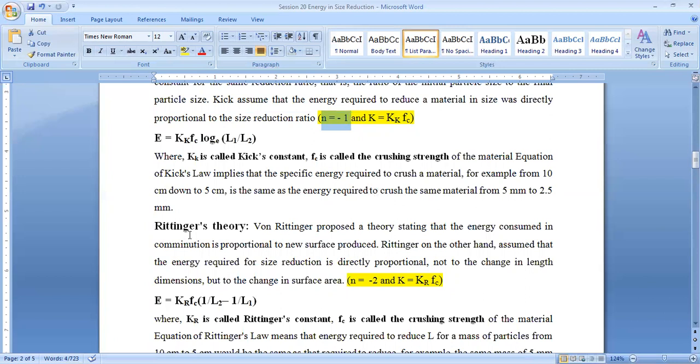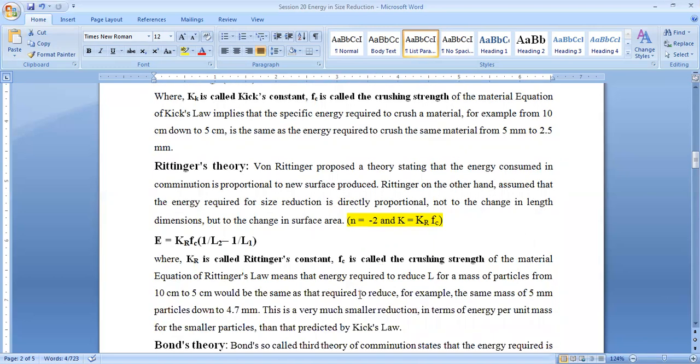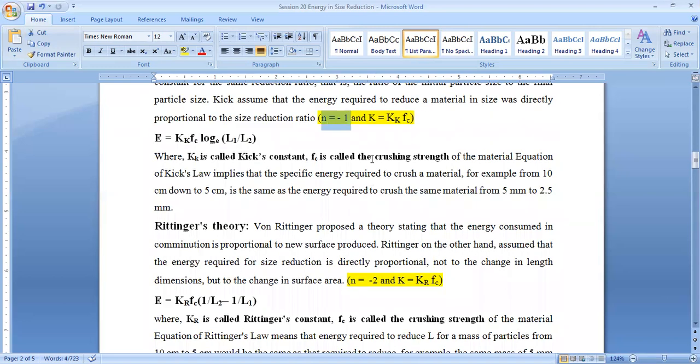So in Kick's law n is equal to -1, and in Rittinger's theory n is equal to -2, where K is K_K f_c for Kick and K_R f_c for Rittinger, K_R being Rittinger's constant and f_c the crushing strength. That is the difference between Kick's and Rittinger's theories.